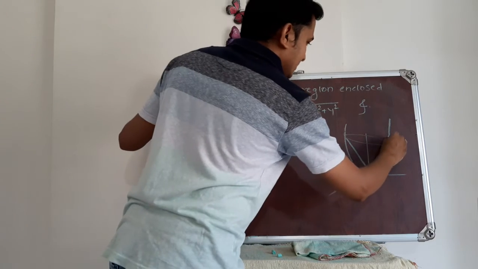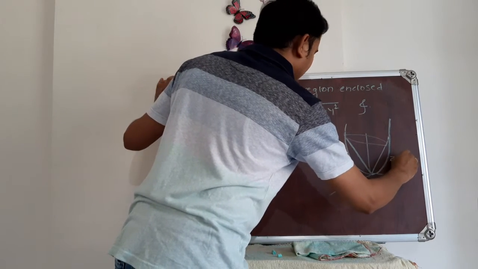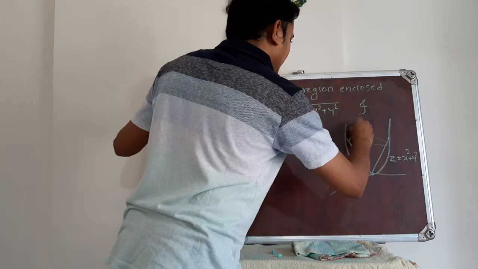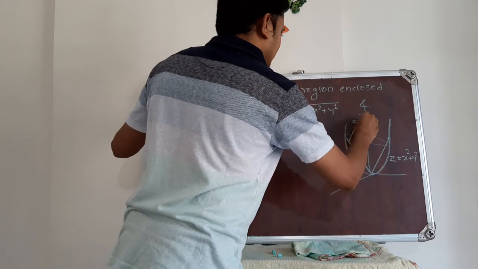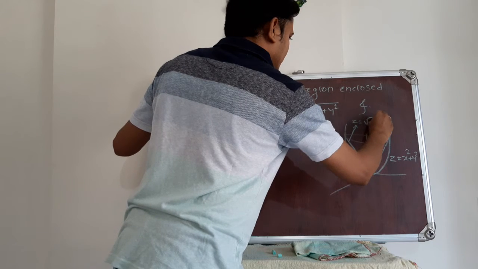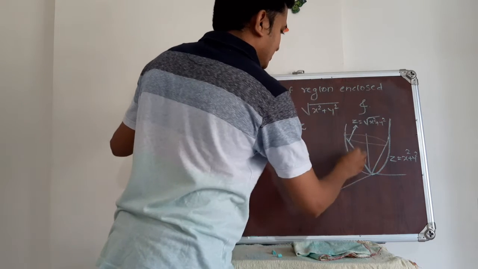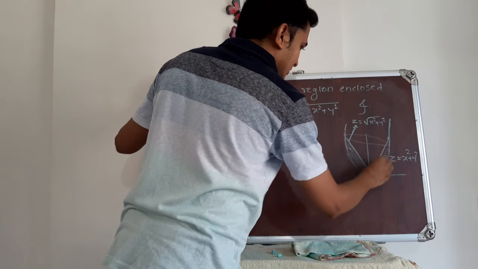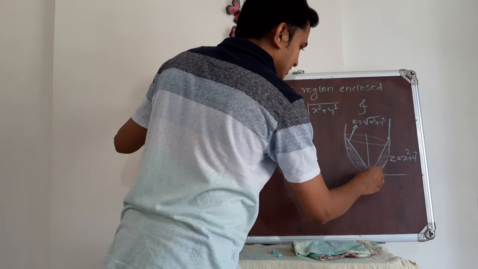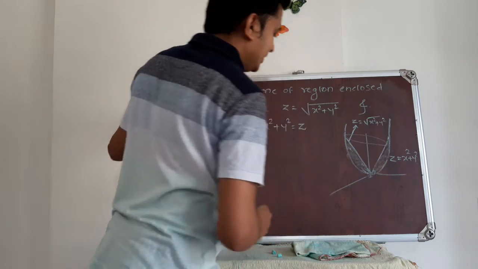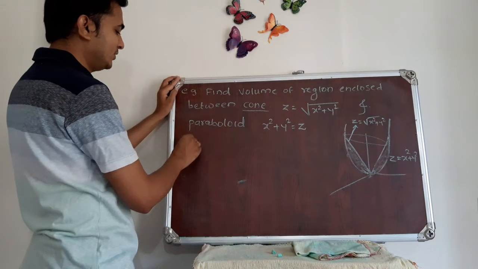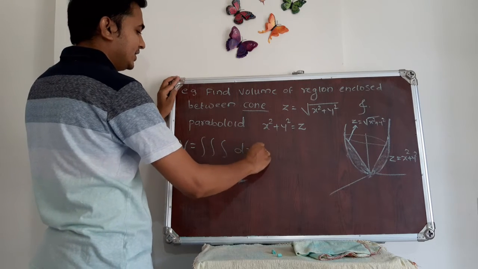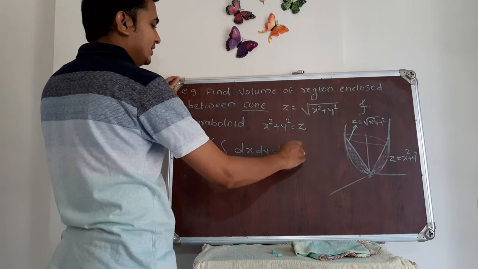This is z equal to x square plus y square, and this inner part is z equal to under root x square plus y square. You want to find the volume enclosed between these two surfaces, that is this. So V is equal to the triple integral of dx dy dz.